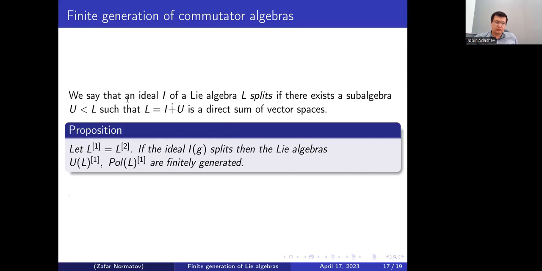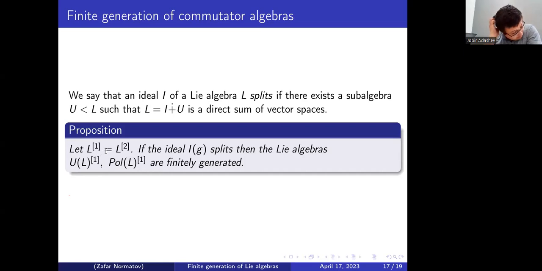We say that an ideal of a Lie algebra L splits if there exists a subalgebra U such that L is the semi-direct sum of the ideal and the subalgebra.